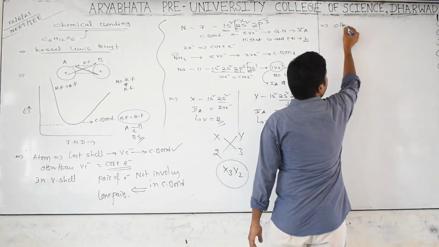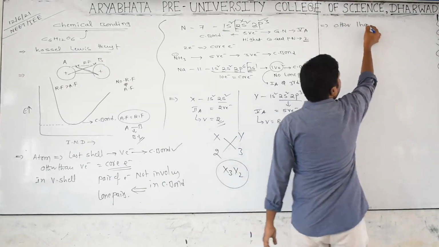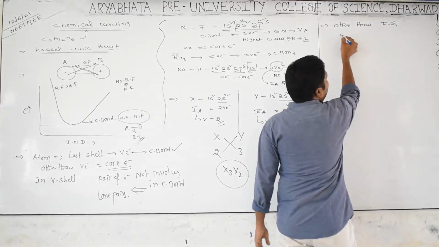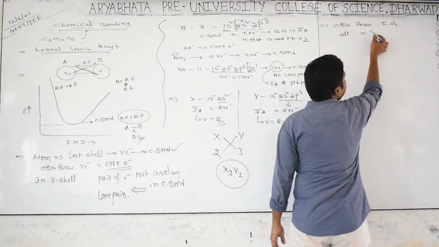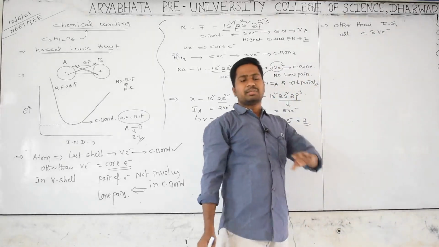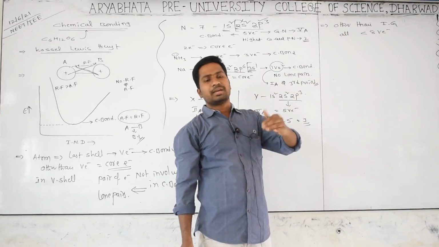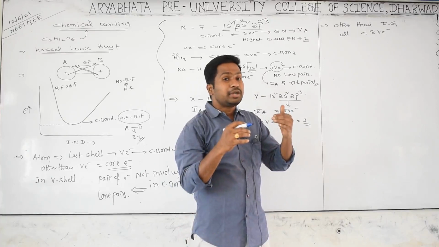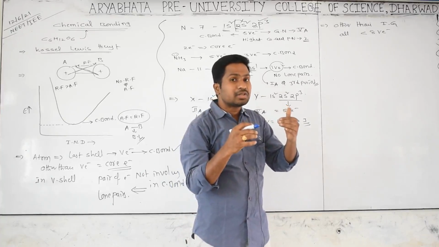Other than inert gases or noble gases, all elements have less than 8 valence electrons. In the remaining periodic table elements, all have less than 8 valence electrons. Then what are they doing? They try to attain 8 electrons in the last shell.